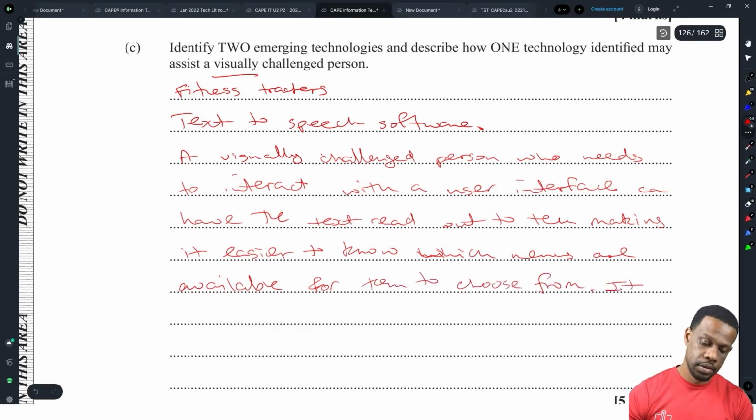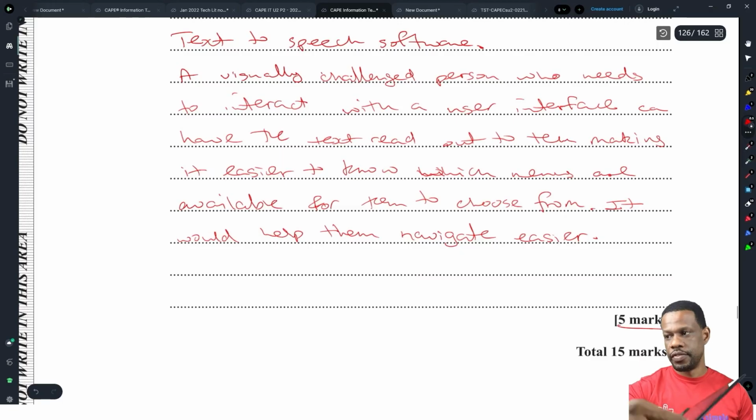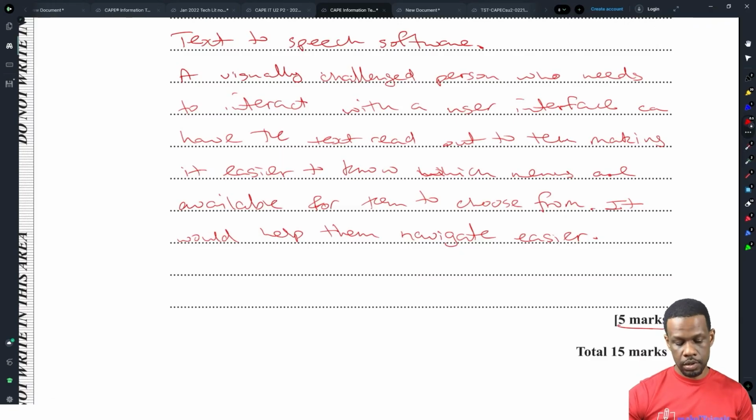It would help them navigate easier. I was just throwing words on the paper there because that justification is kind of straightforward. Let's see what they said.